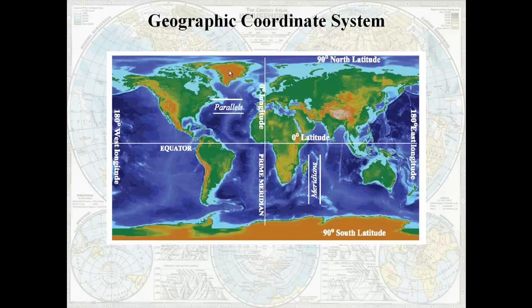They're all parallel to each other, and so that's why latitude lines are called parallels. Meridians, though, have to meet at the poles. And so you can imagine that meridians might be parallel at the equator, but they have to somehow bend their way up to get to the north and the south pole. So meridians aren't parallel to each other except right at the equator. So they're not parallels.